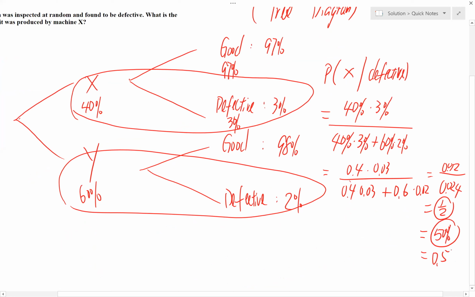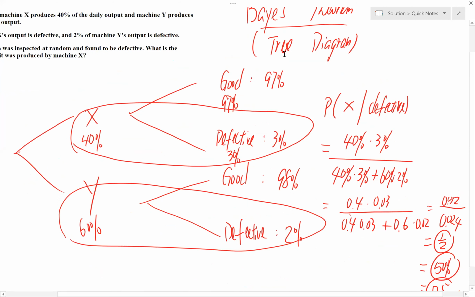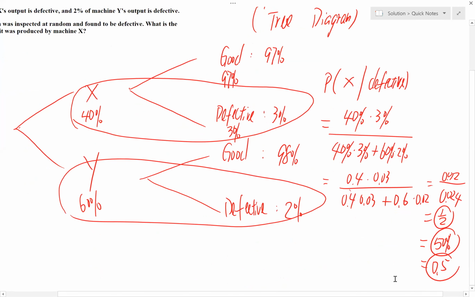Okay, so that means both machines work equally efficiently, right? In this notion, using conditional probability. So that's how you will handle this type of problem. I will draw the tree diagram, understanding what you try to solve.